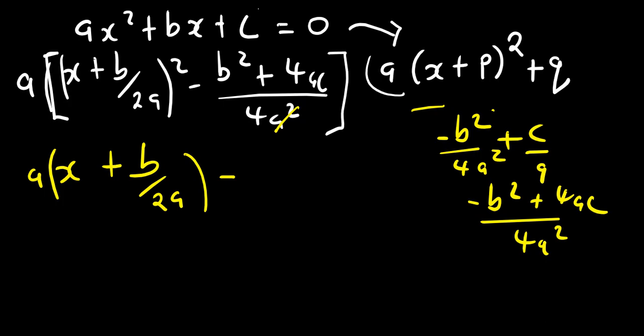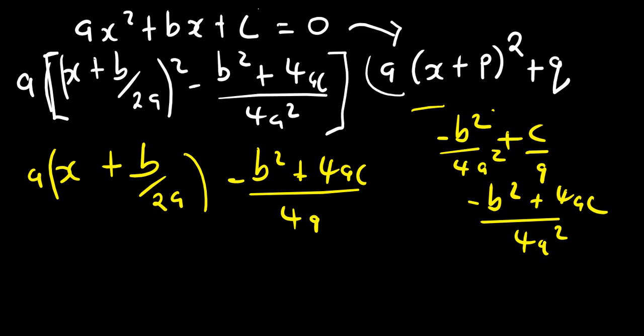So you just remain with one a down there. So this side you have minus b squared plus 4ac over 4a.